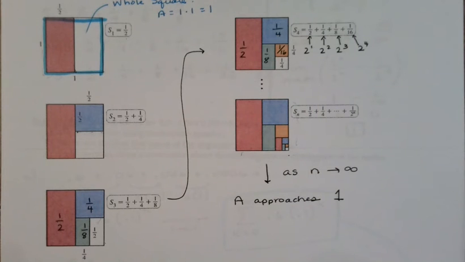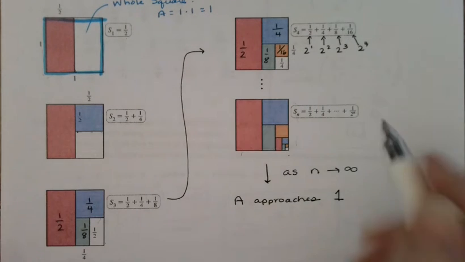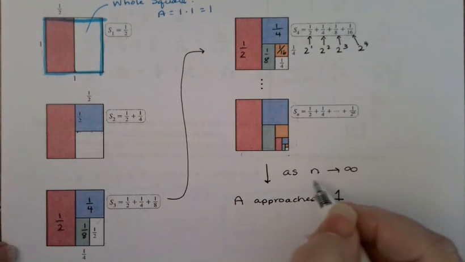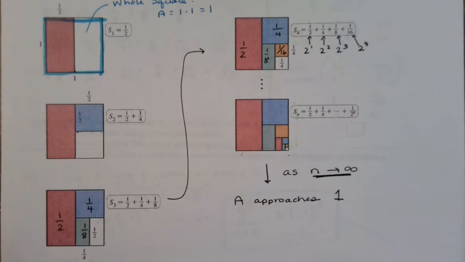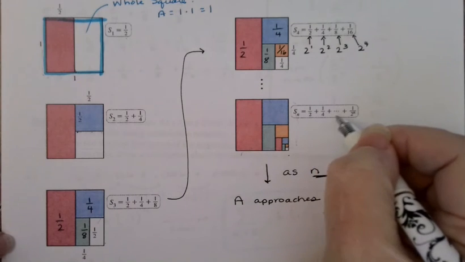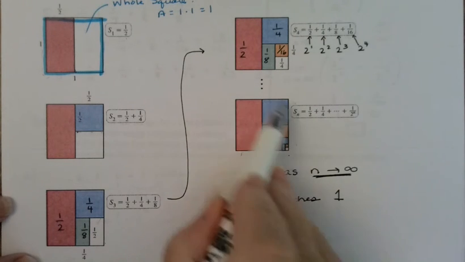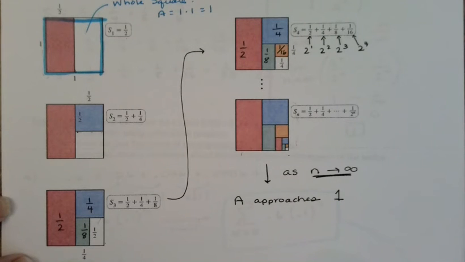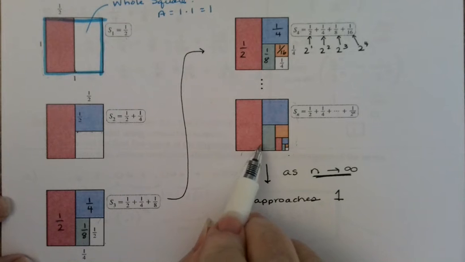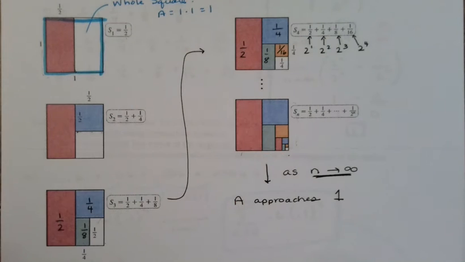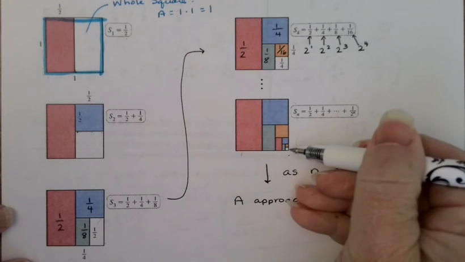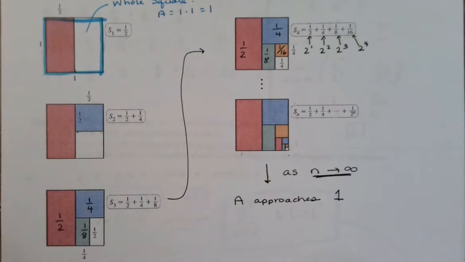Now what happens to this sum if we let the value of n approach infinity? As we let n become an infinite number of terms, I'm adding up an infinite number of fractions. What does the sum approach? Well, if you look at the total shaded area inside that square, we're getting closer and closer to the total area of the square, right? We're missing just this little tiny piece now, and we would be missing less and less the more pieces we added on.